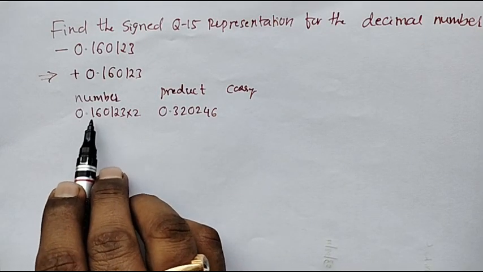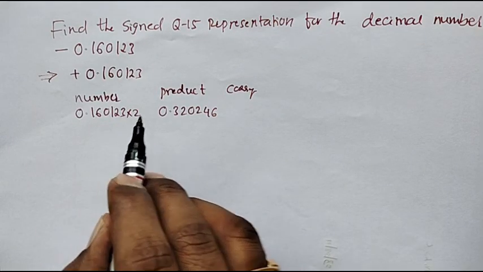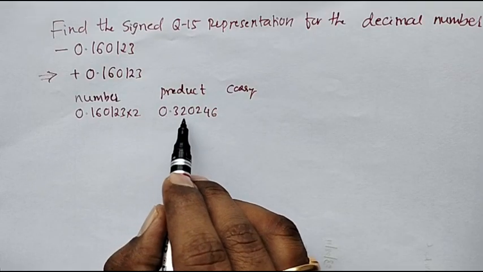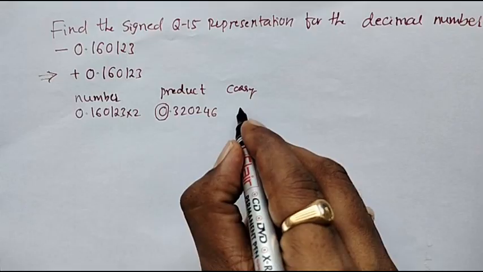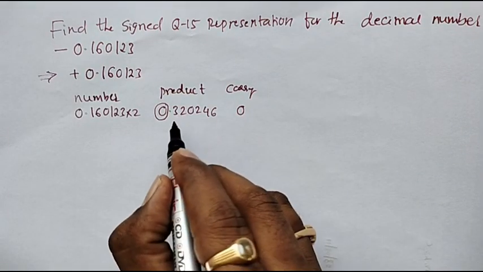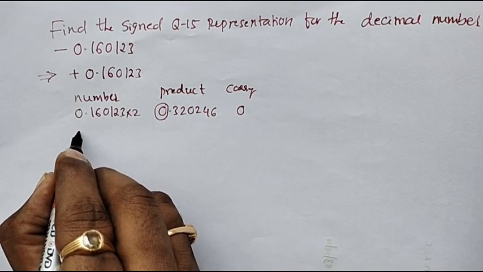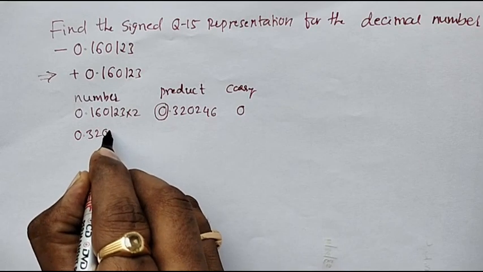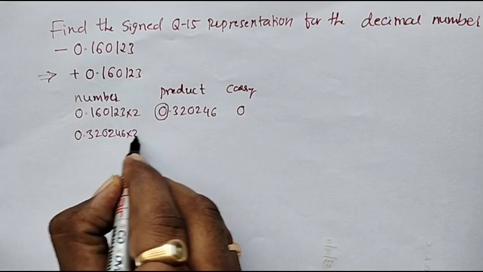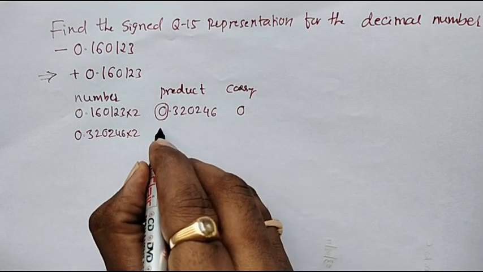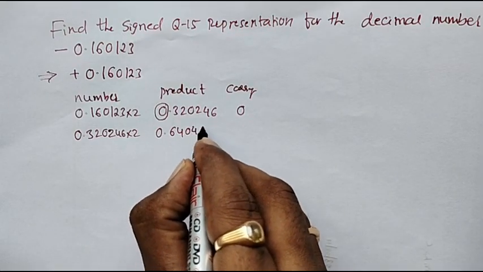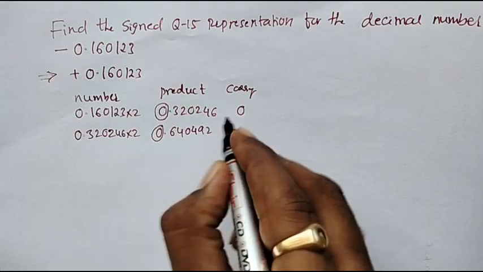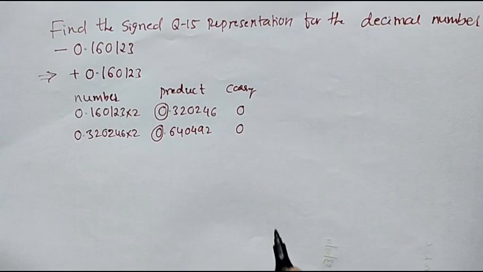After multiplying 0.160123 with 2, the product is 0.320246. Here this bit will be represented as the carry. The remaining number will be represented here. Again multiply by 2, it results in 0.640492. 0 will be represented here.